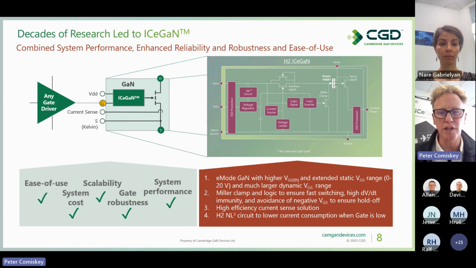So from an electrical engineering perspective, what you see here in our block diagram is that most of the pins shown there are instantly recognizable. We've got a gate pin, a drain, a source, and a Kelvin pin. All of those you would recognize from a normal MOSFET, and in our case, they do exactly the same thing.